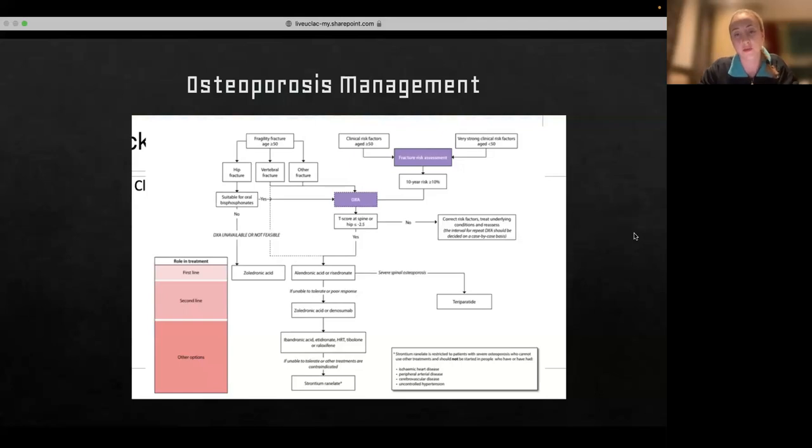That's given usually once yearly by an intravenous infusion. But if a patient has a T-score that's less than -2.5 on their DEXA scan, then zoledronic acid is usually the first line. After that, you can keep going down in terms of second line and third line treatments.